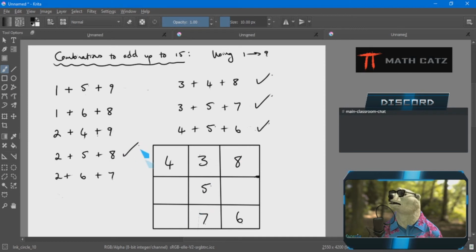Over here. 8, 5, and 2, completing 2, 7, and 6 as well. And things go very quickly now. 4, 2, and 9 is over here. 9, 5, and 1. And then I can check 8, 1, and 6 was the missing one. And I am done.